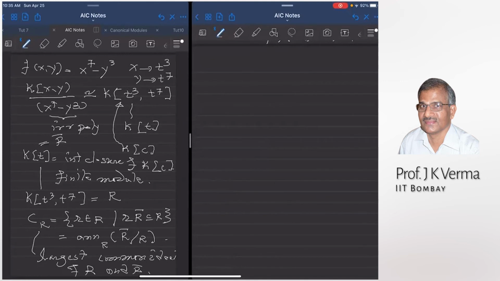So in this case, let us see. We have the ring R bar, which is k[t], and R is k[t^3, t^7].